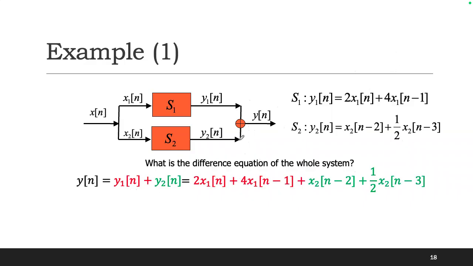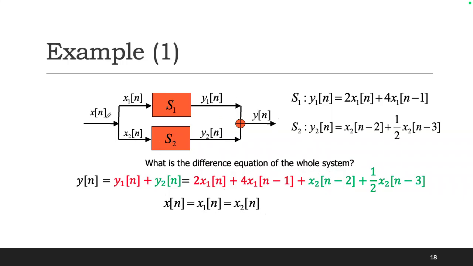And y1[n] and y2[n], I have already given you, am I right? And then we know x1[n] equals x2[n]. Yeah, any questions so far? Yeah, we know x1[n] and x2[n] equal x[n]. Any question about this?